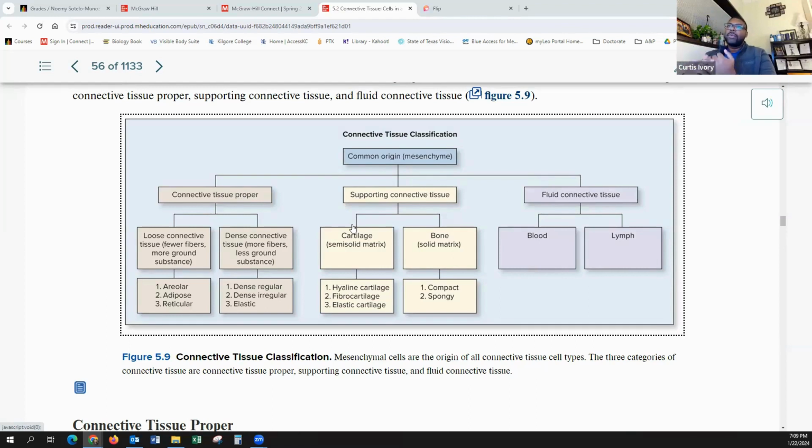You're going to find it in bone, and in hyaline cartilage, fibrocartilage, and elastic cartilage. Connective tissue proper has loose connective tissue and dense connective tissue, whether that be areolar, adipose, which is our fat, dense regular, irregular, elastic. We're going to actually dive into what these look like.